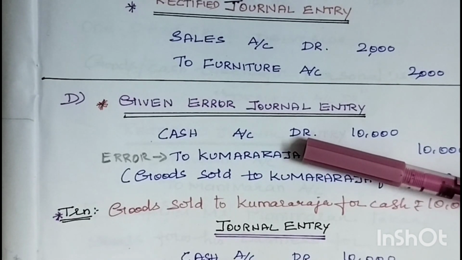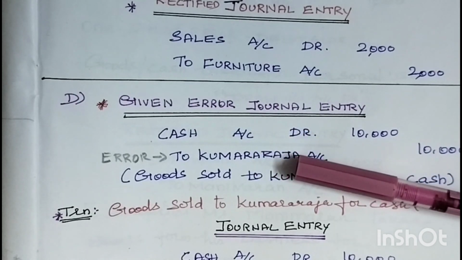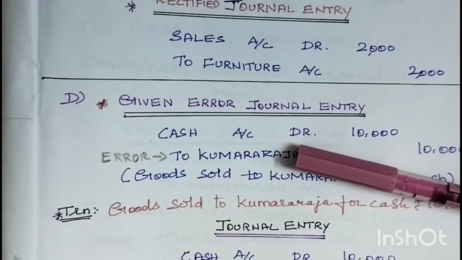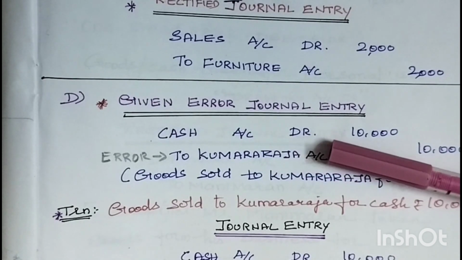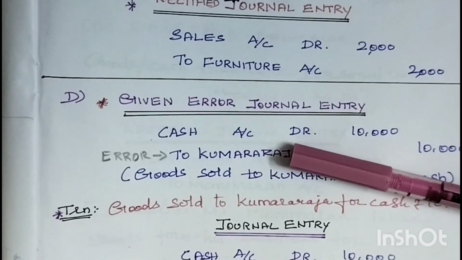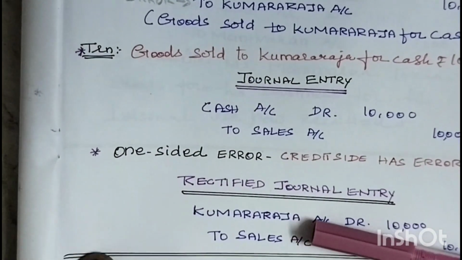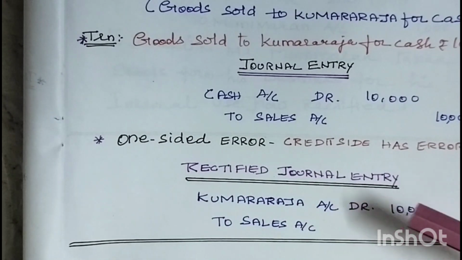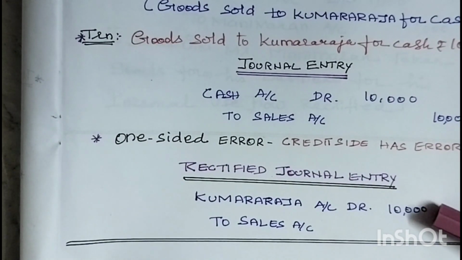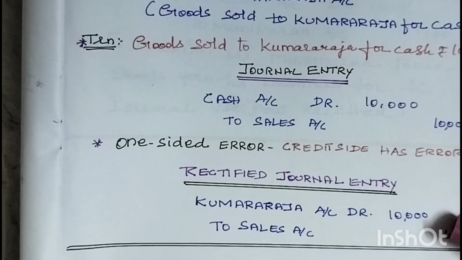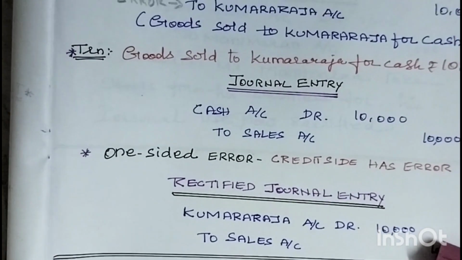Then only we have to enter on the opposite side, and the error will be rectified. So we have to enter Kumara Raja account on the debit side: Kumara Raja account debtor 10,000 rupees to sales account 10,000 rupees. Now the error is rectified.